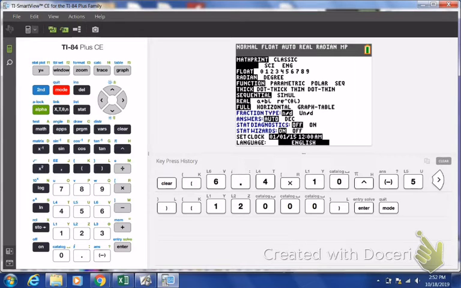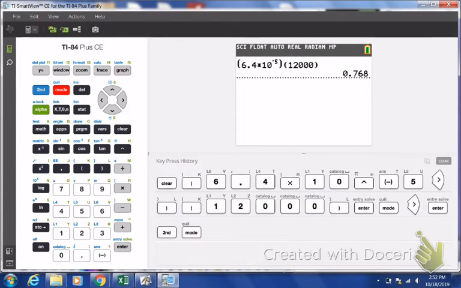So we want to arrow over to the SCI, which stands for scientific notation. Select that by hitting enter. Then to get back to your main screen, second mode quits it. So now that we're in scientific notation, if we hit enter, that gives us our answer in scientific notation.